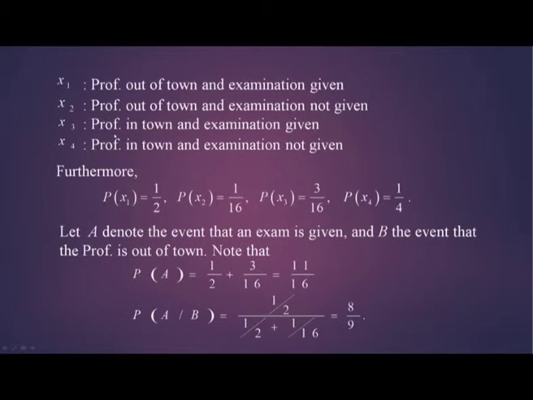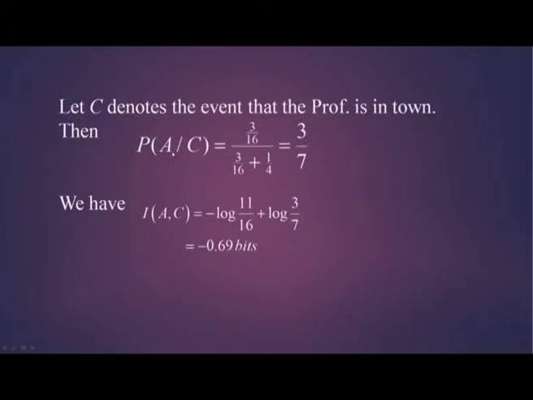So, for finding this we have to add probability of x3 and probability of x4, and that is what we are doing here.